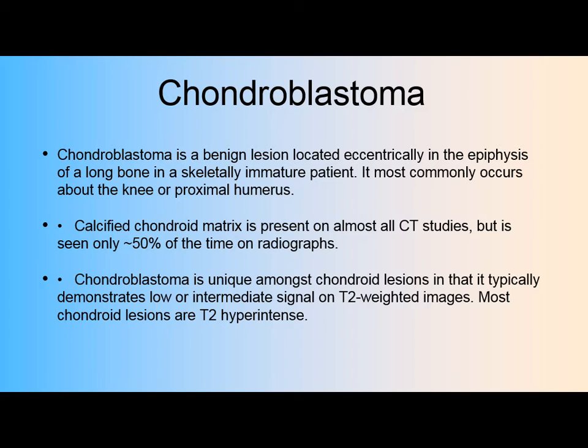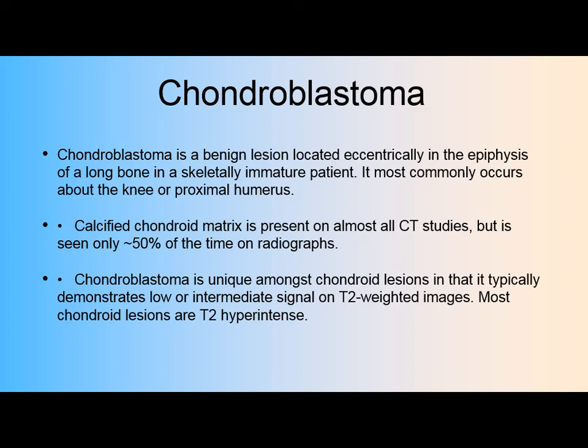Another entity is chondroblastoma. Chondroblastoma is a benign lesion located eccentrically in the epiphysis. This is how we can differentiate it from other lesions. It arises from the epiphysis of long bones in skeletally immature patients, most commonly around the knee and proximal humerus.